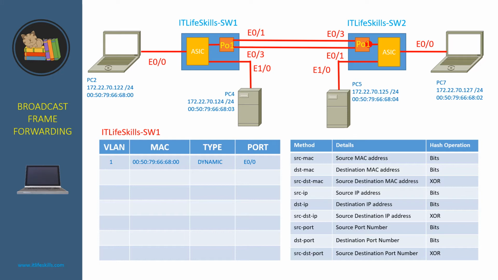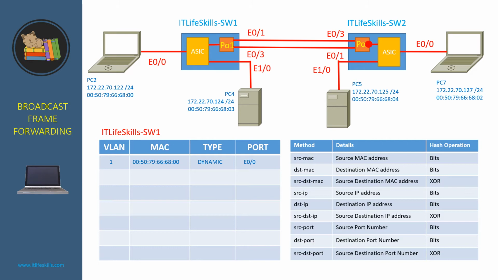When the broadcast frame reaches IT LifeSkill Switch 2, Switch 2 sees the broadcast frame coming from the port EtherChannel Po1, not from the physical port E0/3. Therefore, Switch 2 will flood the broadcast frame to all active ports except the port Po1, which means the frame will never be sent back to the physical port E0/1, which prevents the loop.